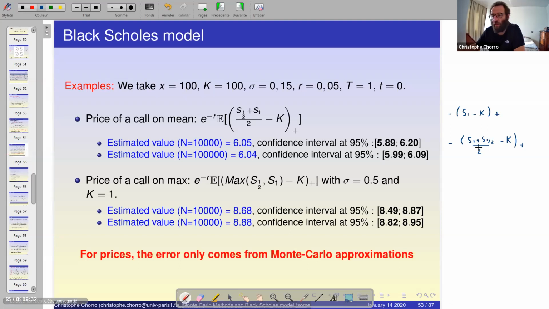Instead of having S1, I have the average between S1 and S of 1/2. Of course, I can consider a more complex average, but here it was just to illustrate things.